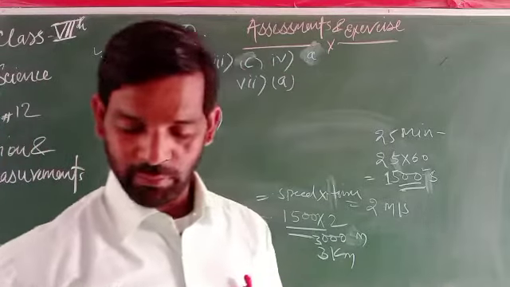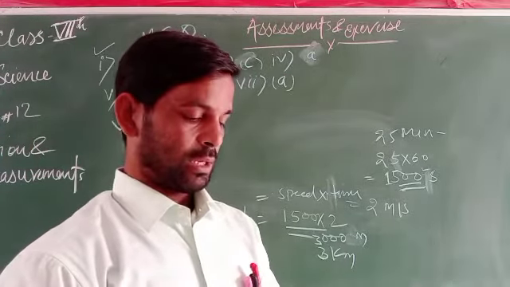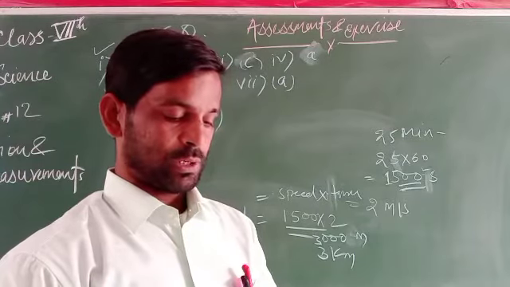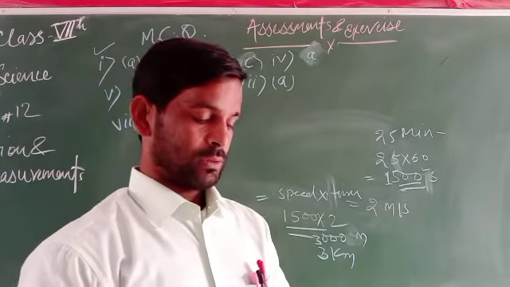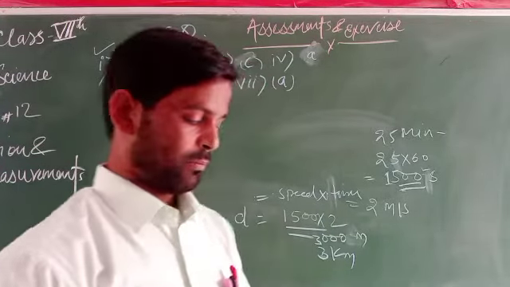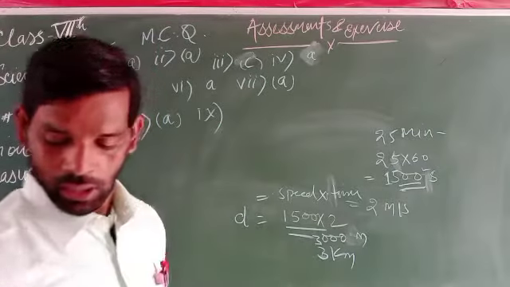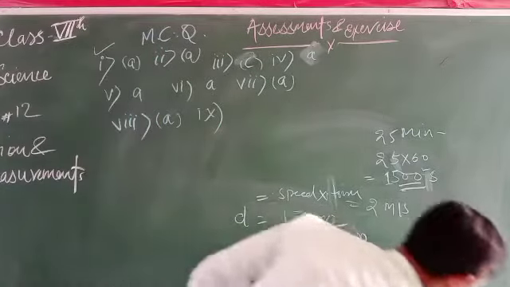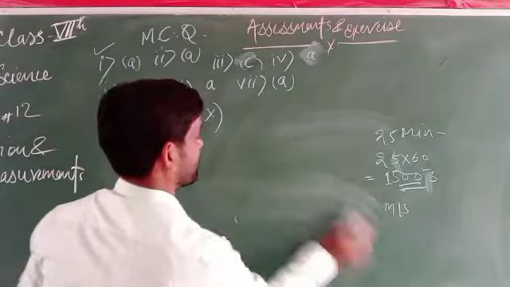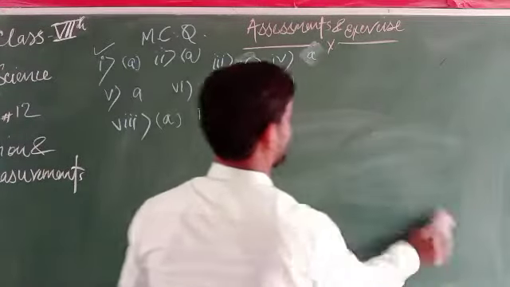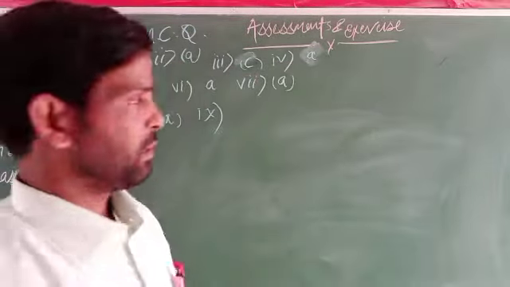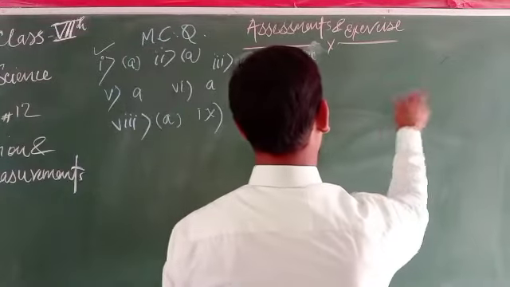Question 9: a simple pendulum takes 42 seconds to complete 20 oscillations. So how should the time period of the pendulum be calculated?